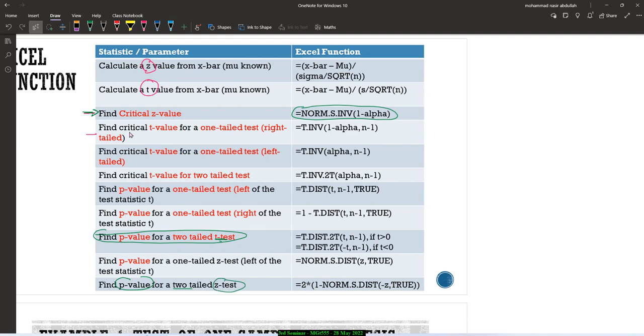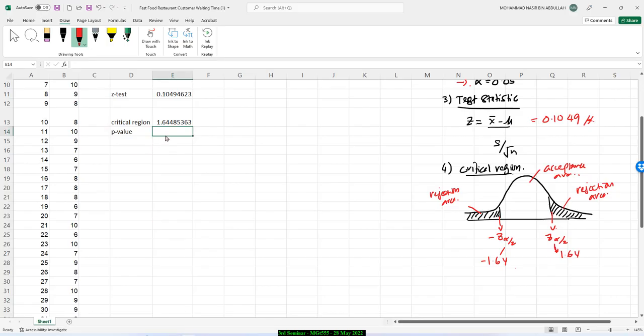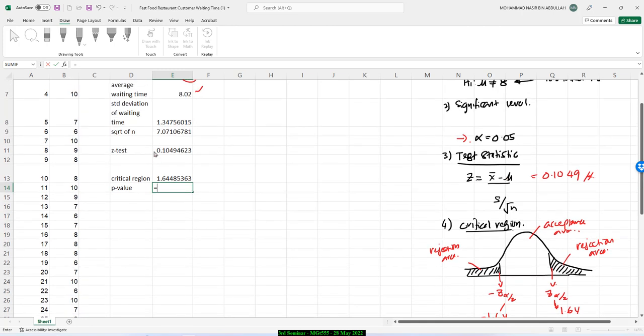Right, so kita akan pakai 2 multiply with 1 minus NORM.S.DIST negative z, true. Right, so kita type dekat sini lah. Negative equal to, let's say, tapi kita tengok dalam buku, kalau dia kata z is more than 0, kita akan pakai the second one, negative z. Right, if dia akan pakai benda yang sama lah.